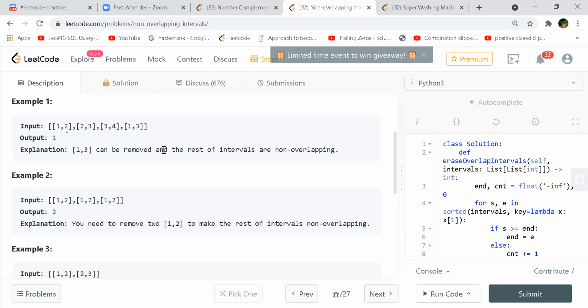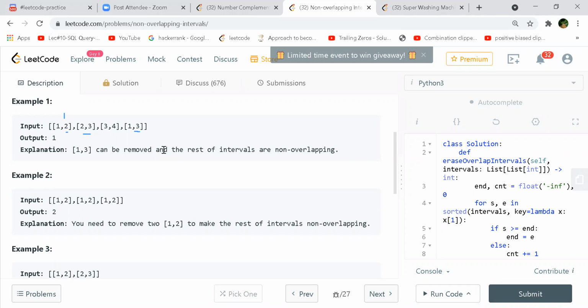So this will become first. And then out of these two values, which will come first in that case? This one, the first one, 2 3 itself. 2 3 will come first.